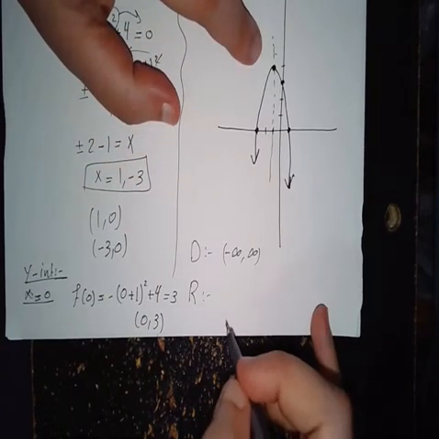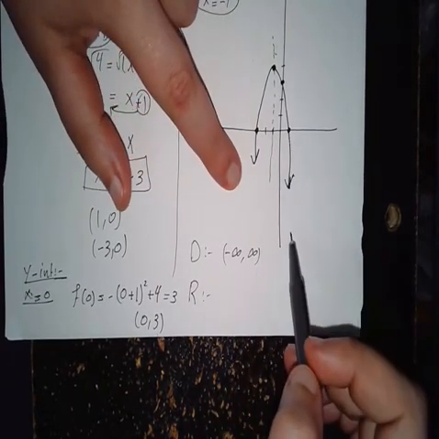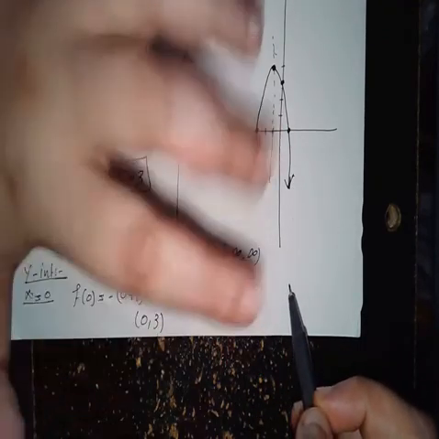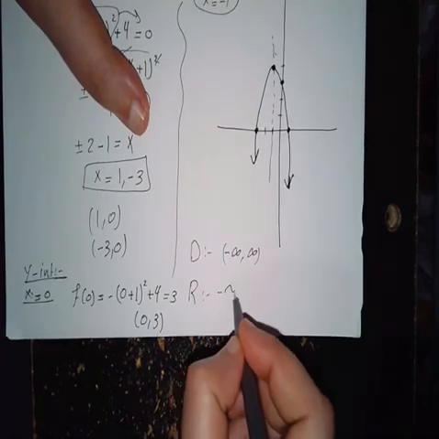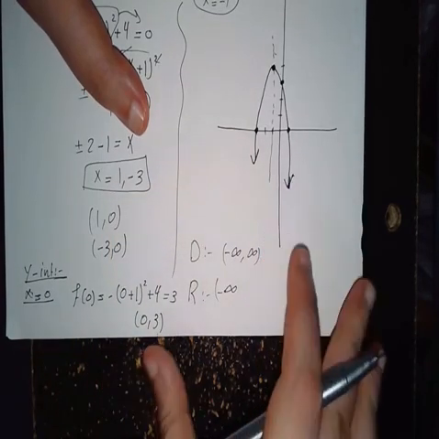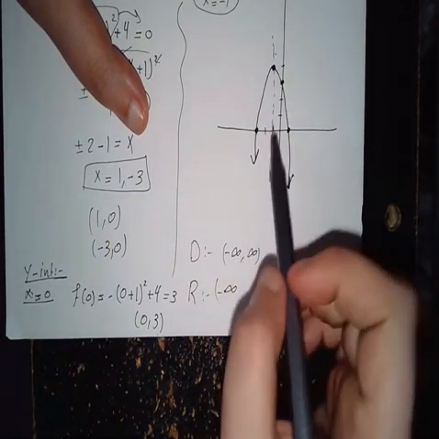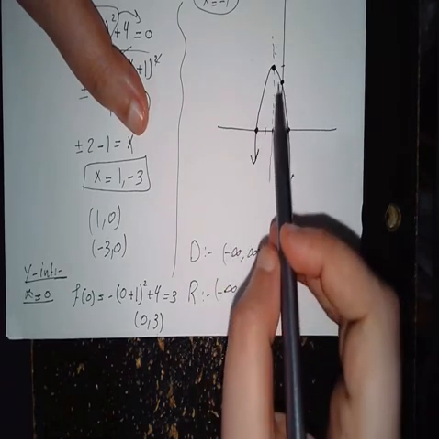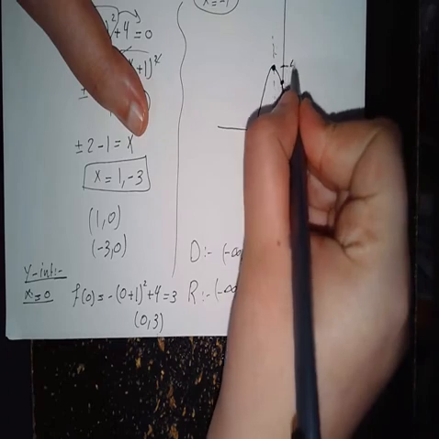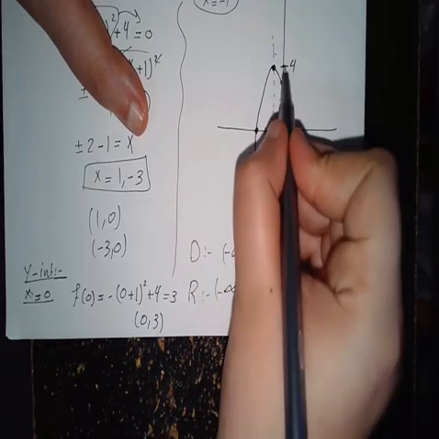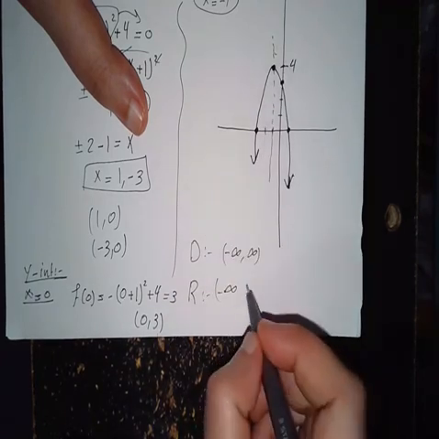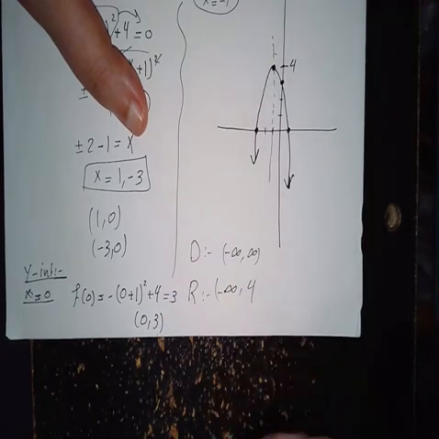For this particular function, it's pointing down. That means that every single negative value of the y-axis is included. So it goes all the way to negative infinity, no problem. Now, for the positives, everything above the x-axis, we go as high as the point 4 for y. You're not going to climb more than that. The vertex is as high as it gets, which means it goes all the way to 4.